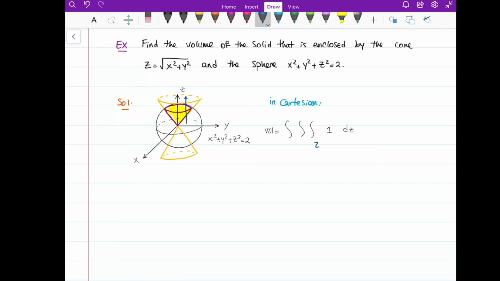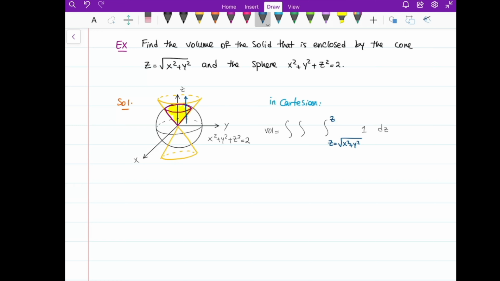So I'm going to write z equals the square root of x squared plus y squared as the lower bound. Let me move everything to have more space. The point on the ray that leaves the region lies on the sphere, which is the top boundary.